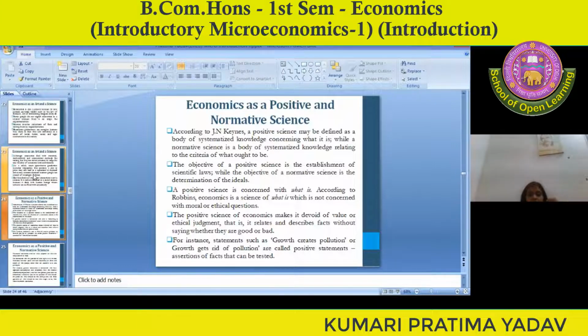That is, it relates and describes facts without saying whether they are good or bad. For instance, statements such as growth creates pollution or growth gets rid of pollution are called positive statements. Assertions of facts that can be tested. In the sense, whatever facts are facts, we don't say it's good or bad. We just talk about that in positive science. Economics says that, according to Robinson.